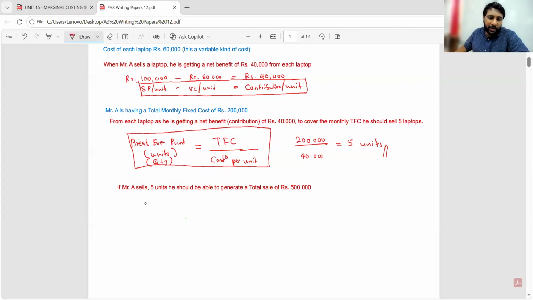So that 500,000, how did we calculate? Break even point quantity into the selling price per unit. It is the break even point value. We'll call it the break even point value.